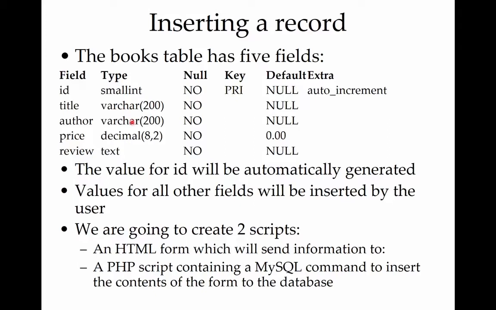So if this is a really, really expensive book, so expensive that 8 digits is not enough to store the price of the book, then I've got a problem. But that's probably unlikely. If the book is £10.99, the 99 pence will be the 2 digits after the decimal point, and the £10 will use up 2 digits before the decimal point. And we then have a review of the book, which can be a very long text.